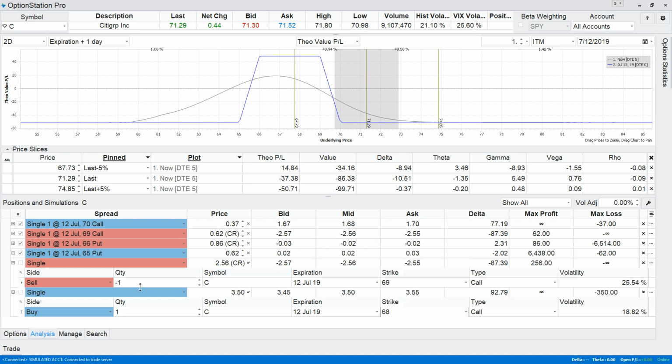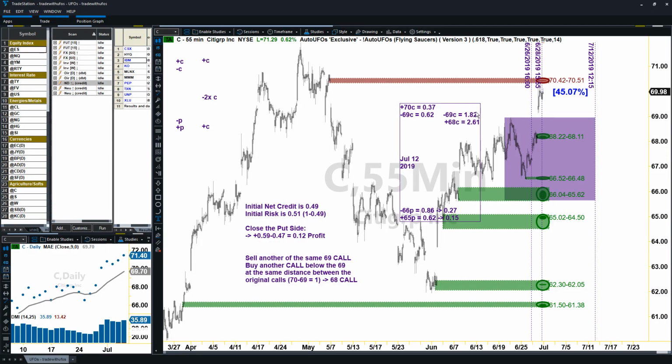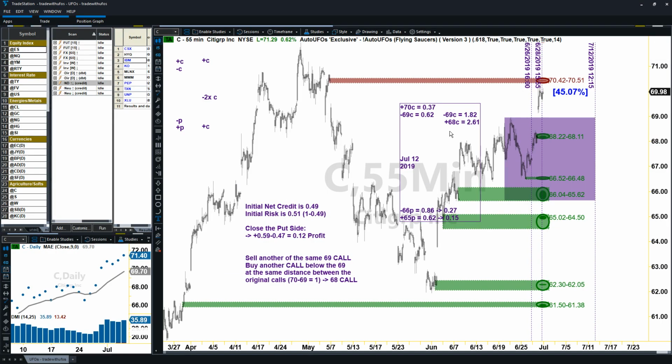Now, when I do this, the new 69 will pay me 182, so I need to customize this here. 182. Okay, so 69 call, it's 182, and then for the 68 call, we said it's going to be 261.